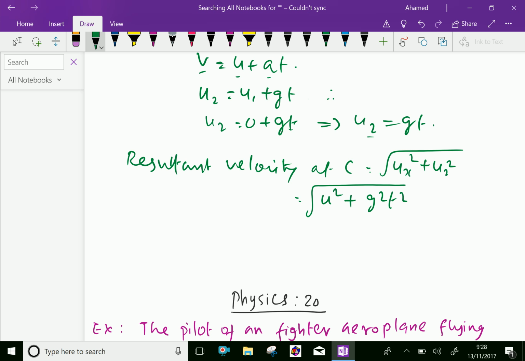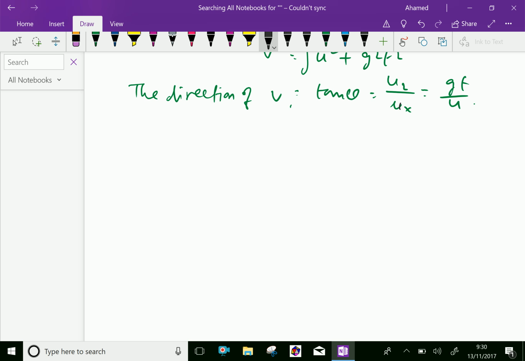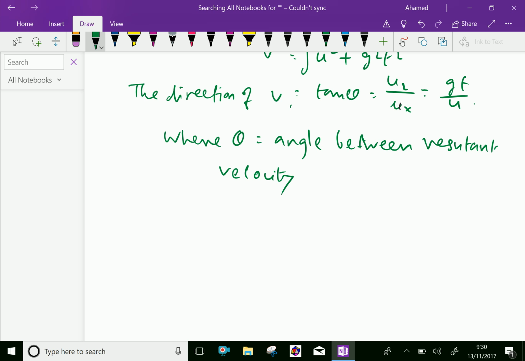Therefore, the direction of v is given by tan theta equals u2 over ux, which equals gt over u, where theta is the angle between the resultant velocity and the horizontal.